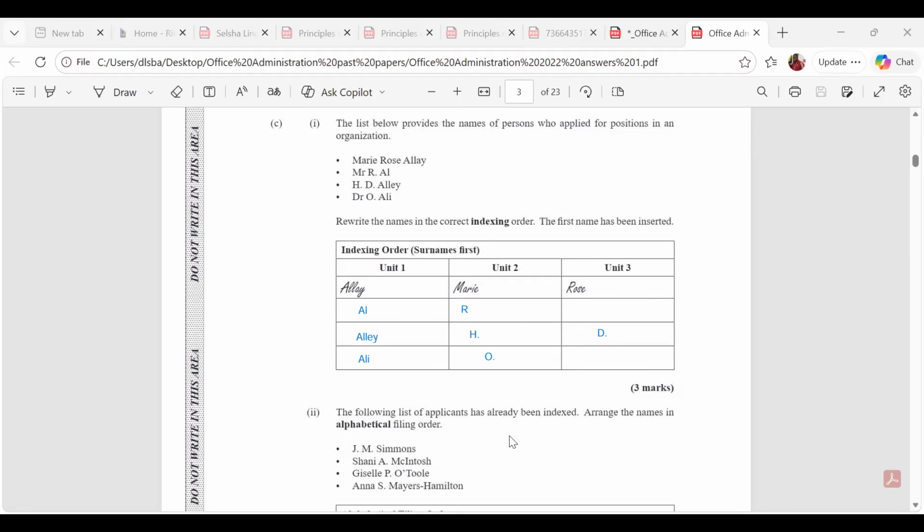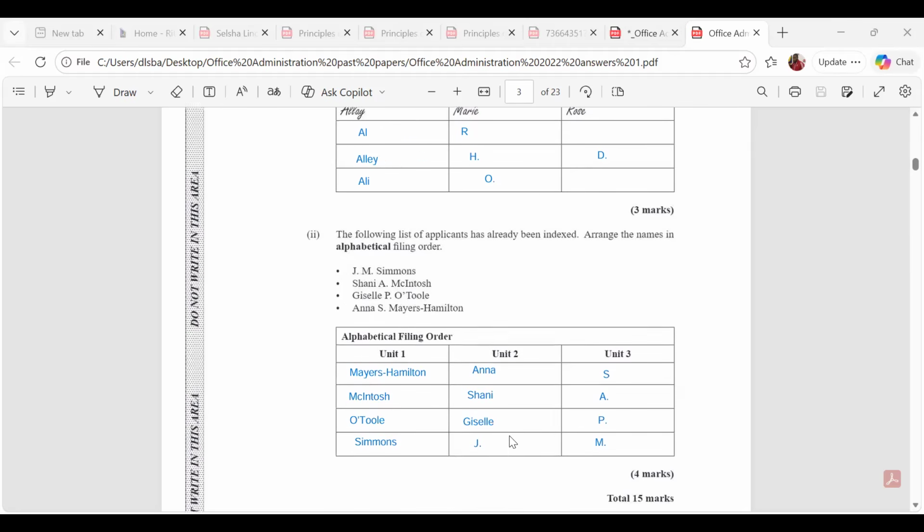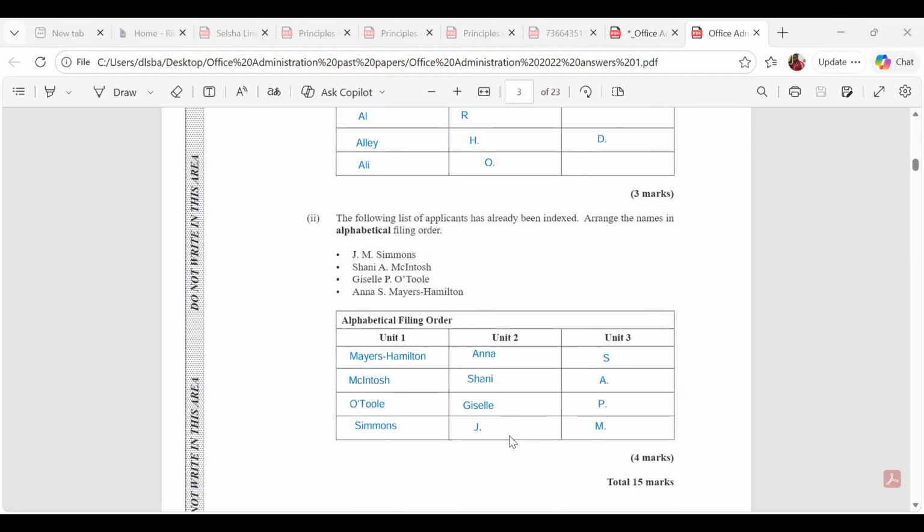How will you do Shania? You put the last name, Macintosh, then Shania, then A. And M.J. Simmons: you put in Simmons first, then J, then M. Good job.